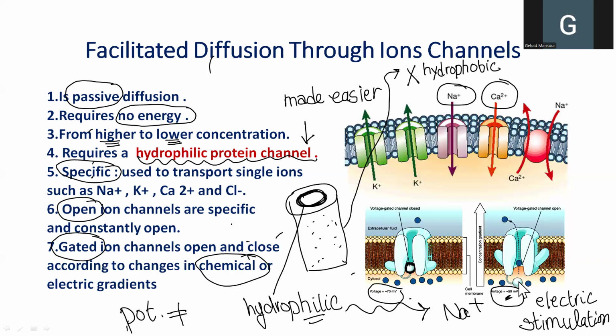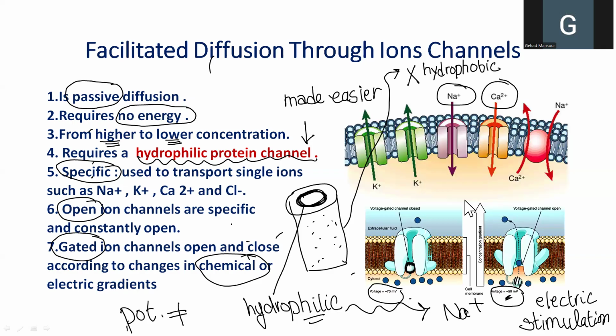And in such a case, this closure by the protein is removed, and we can see that the ion can pass. So this is an example of what we call voltage-gated channels.